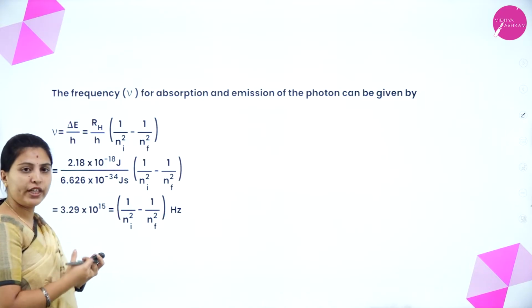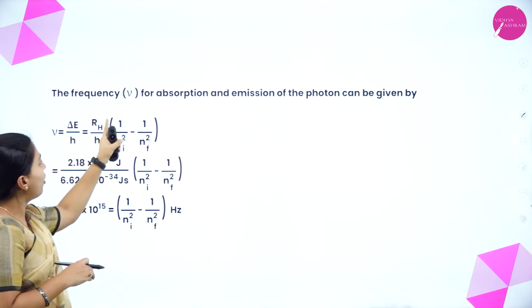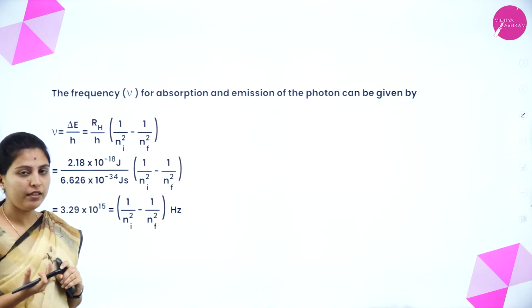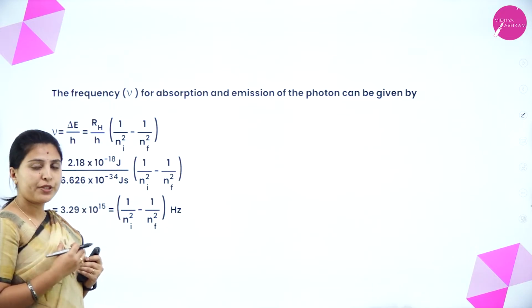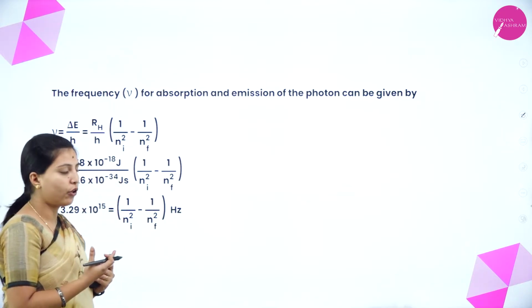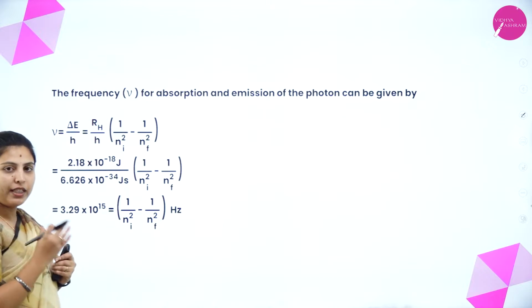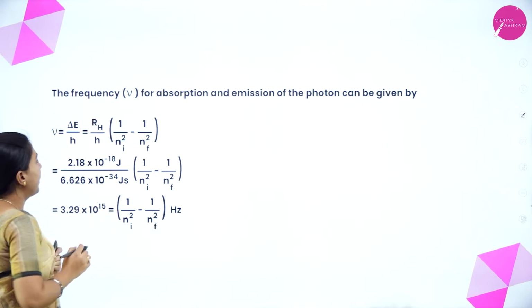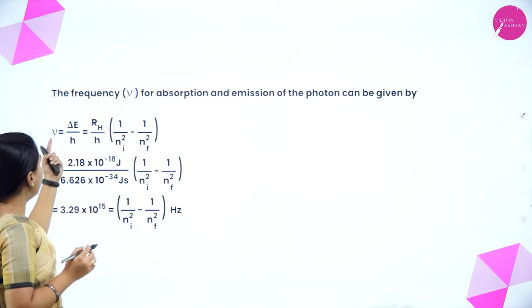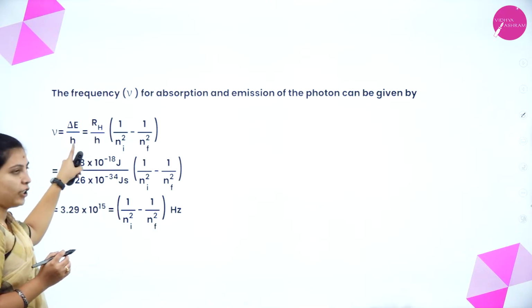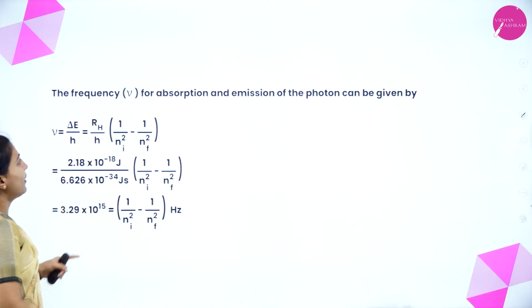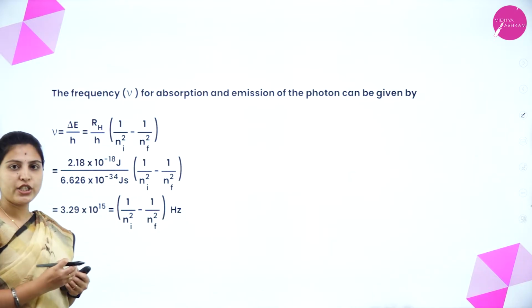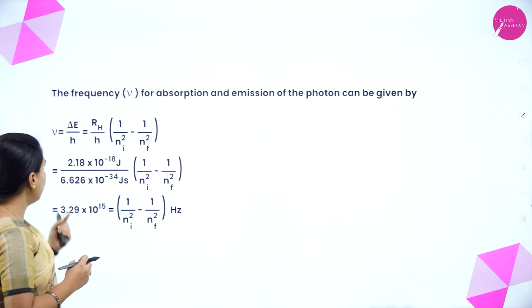Next, in terms of frequency, nu, the frequency for absorption and emission of the photon can be given by delta E by h. The frequency of the radiation absorbed or emitted is known from this.